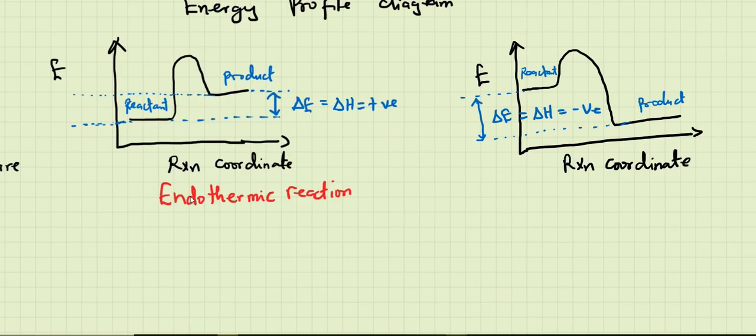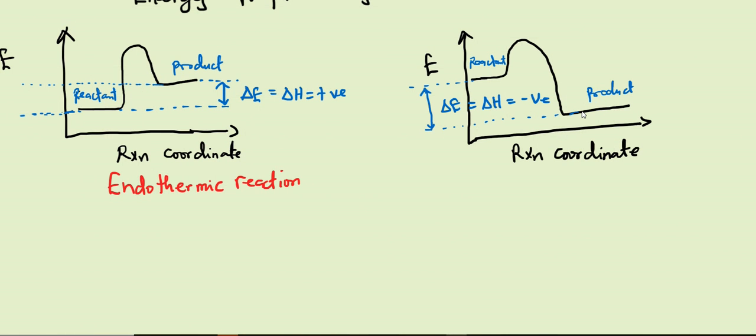So going back to the diagram, products minus reactants in this case will be negative because the product is smaller in energy than the reactant. So this is negative, and this will be an exothermic reaction.